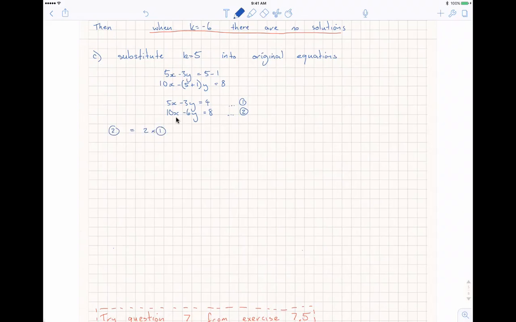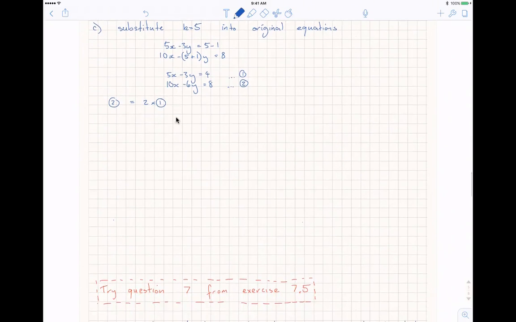Because they're just multiples of one another, that means there must be infinitely many solutions, because they're in fact the same line. So when k equals 5, there are infinite solutions.